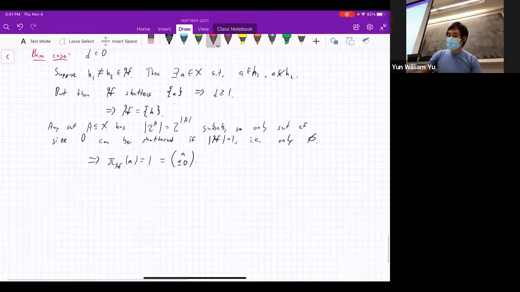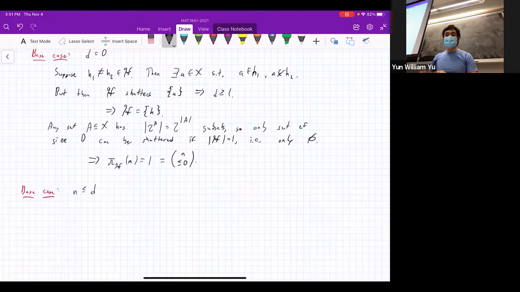The other base case is that we're going to show that this is also always true if n is less than or equal to d. Why is this? Can any of you see the proof? So D is the VC dimension, right?